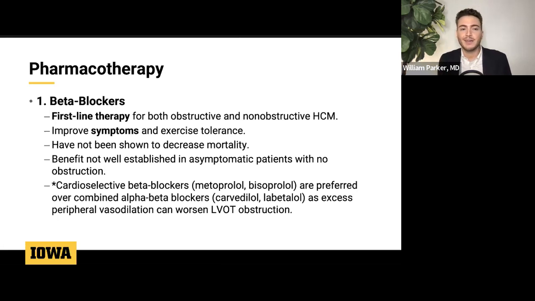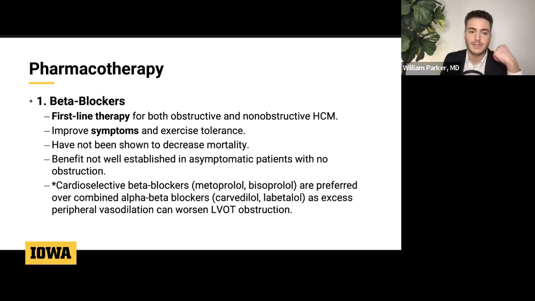And the benefit is not well established in patients who are both asymptomatic and don't have obstructive disease, who just have hypertrophic cardiomyopathy. I put an asterisk by this last point because it seems like it was more emphasized in the 2014 guidelines than in the updated 2020 guidelines. But I think it may still affect people's practice a lot.